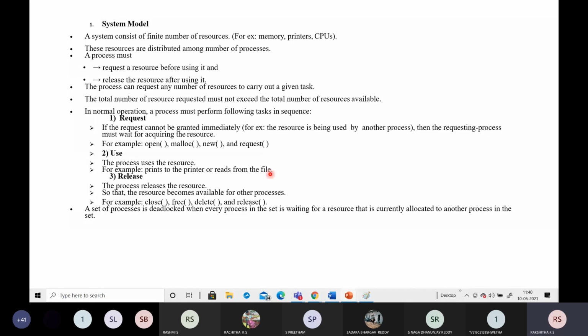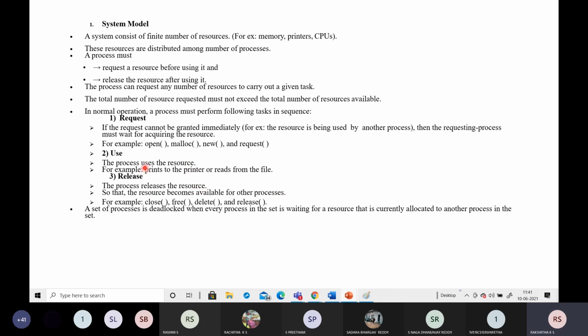The computer gives the printer to the user, which is the state where the process is using the printer. Once the printing is done, the process releases the resource, so that the resource becomes available to other processes.